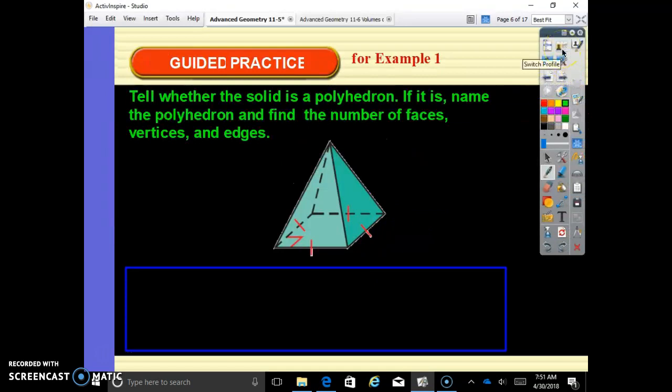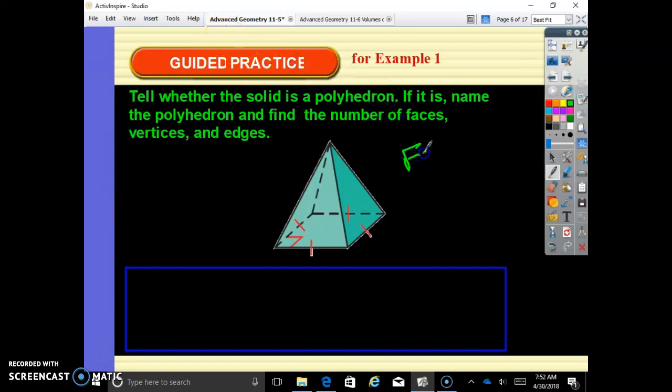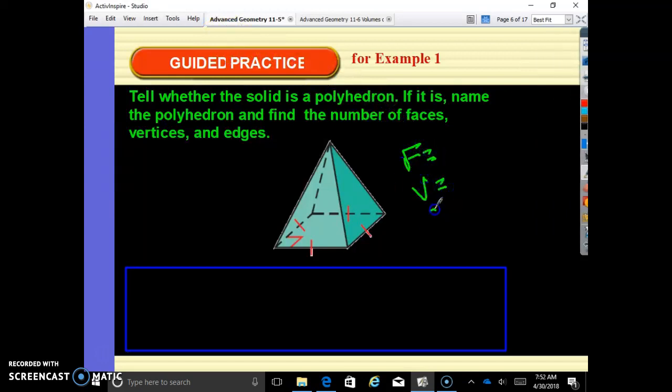Tell whether the solid is a polyhedron. If it is, name the polyhedron and name the number of faces, vertices, and edges. What is this? It's a triangular pyramid, so it has a triangle base. No, it's square. It is a square pyramid.